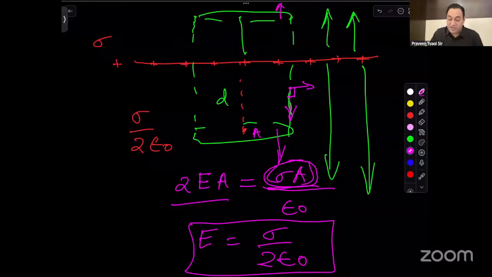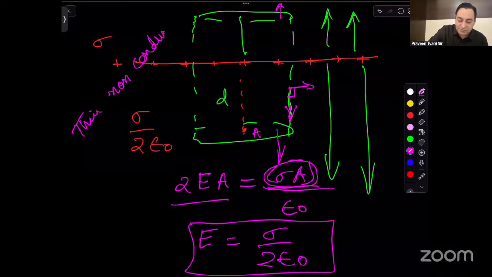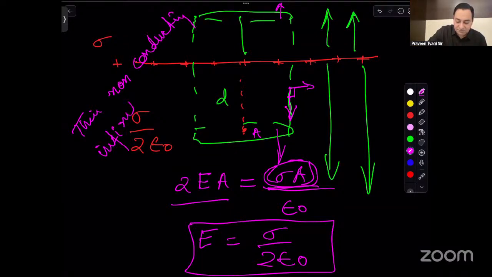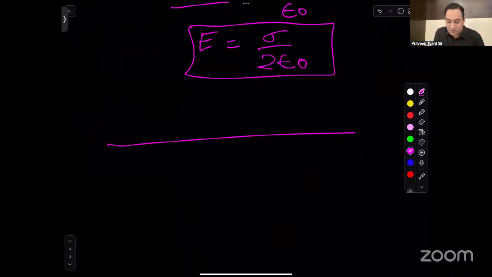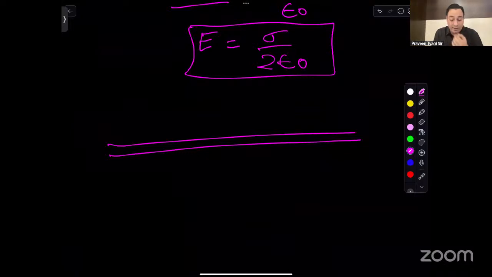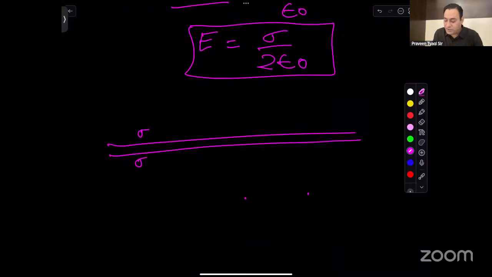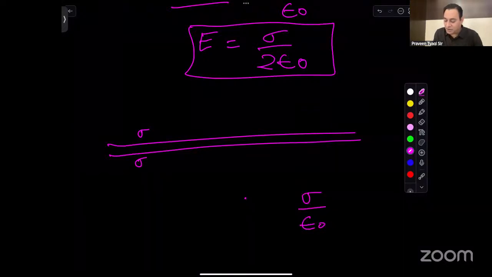This is for, please remember, thin, non-conducting, infinite plane. If I have a conducting sheet, it will have sigma on both sides. And for that, the result will come out to be sigma upon epsilon naught, the electric field.